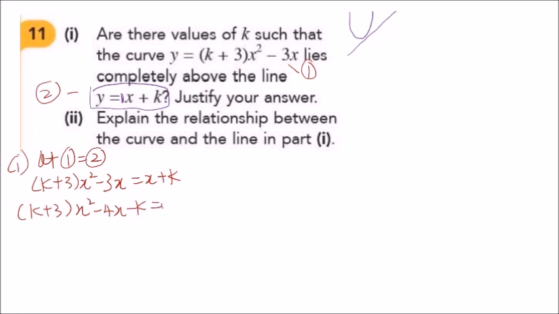Write down the value of a, the coefficient of x squared, the value of b, the coefficient of x, and whatever remaining is a constant c. So let's go on to find the value of b squared minus 4ac.